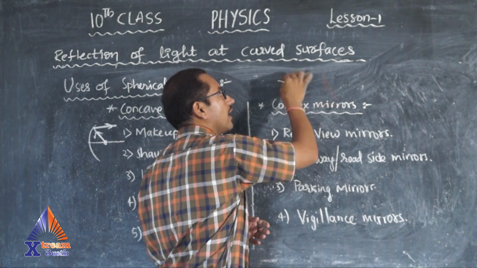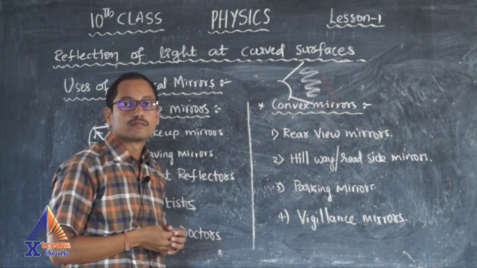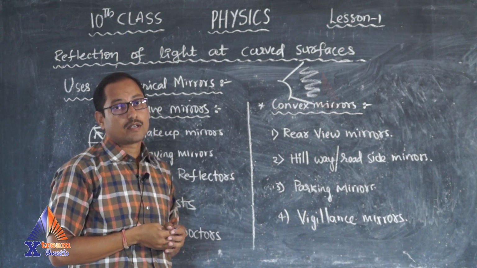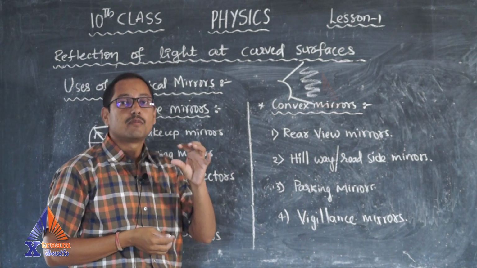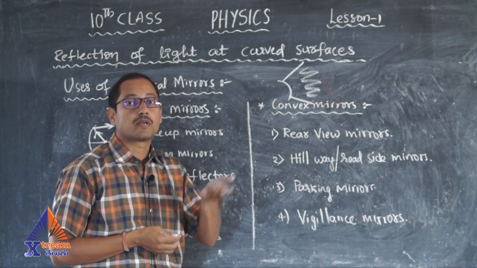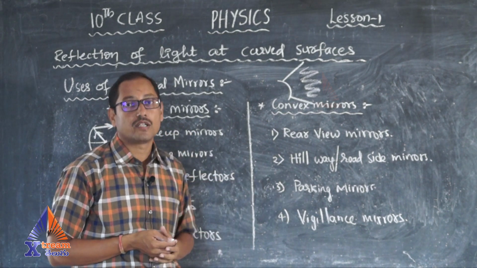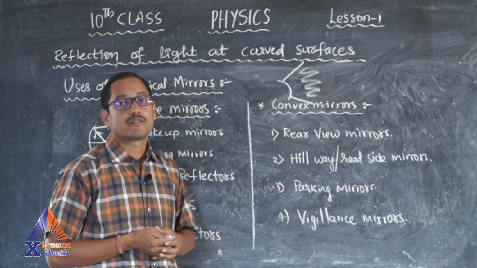Convex mirrors have wide scope, they cover a larger area, and moreover they give us diminished images. That too, diminished and erect images. If it is your compulsion that you have to see erect images only, then go for convex mirrors.